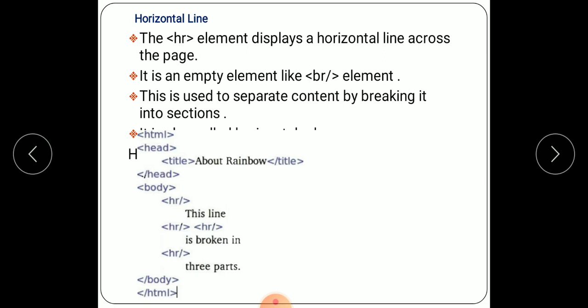It is an empty element like the BR element, and BR is also an empty element. This is used to separate content by breaking it into different sections, then we use the HR tag.